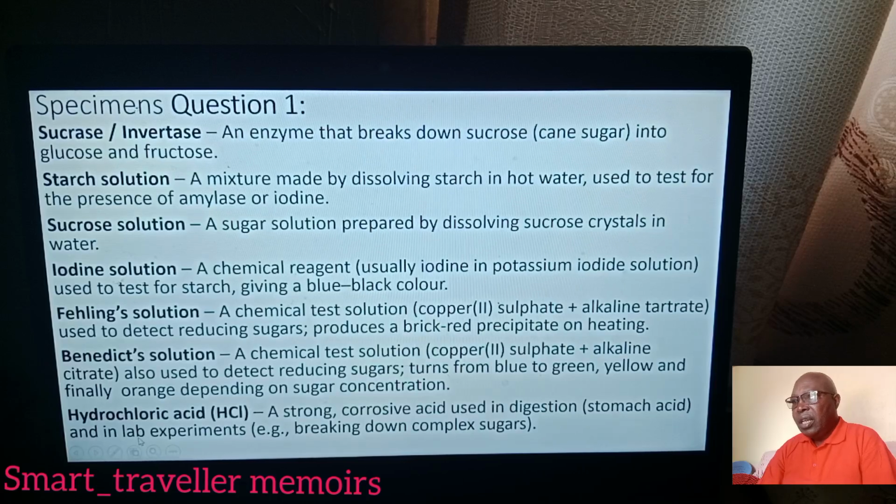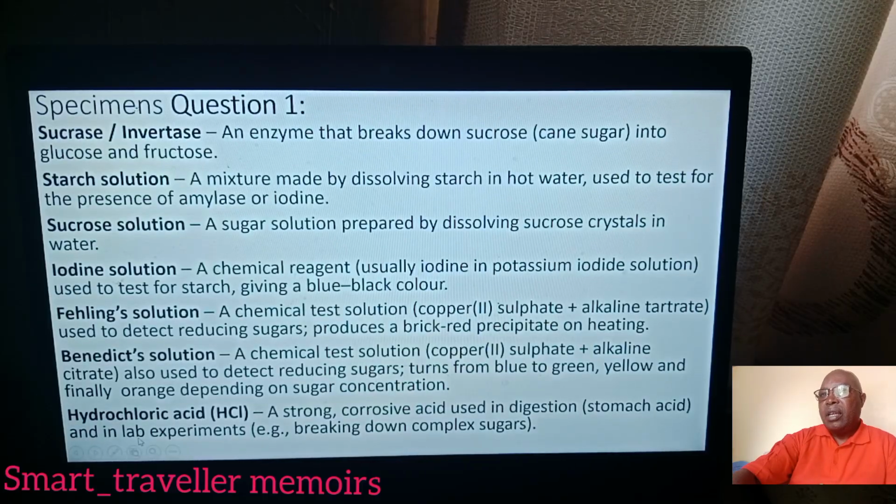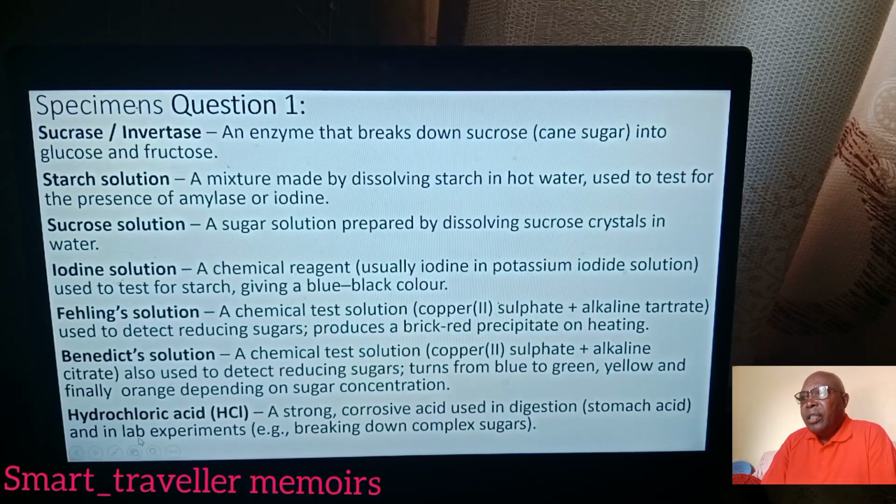Starch solution is a mixture made by dissolving starch in hot water, used to test for the presence of amylase or iodine. Sucrose solution is a sugar solution prepared by dissolving sucrose crystals in water.